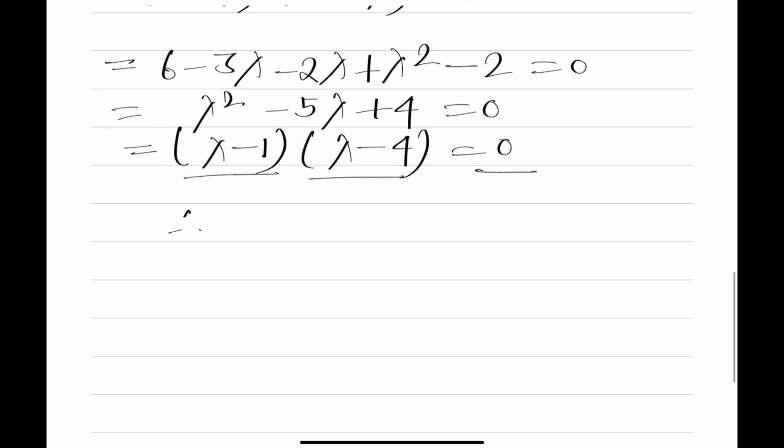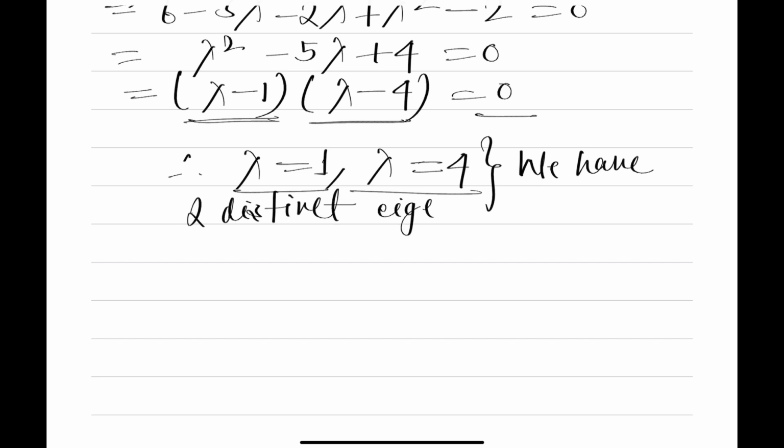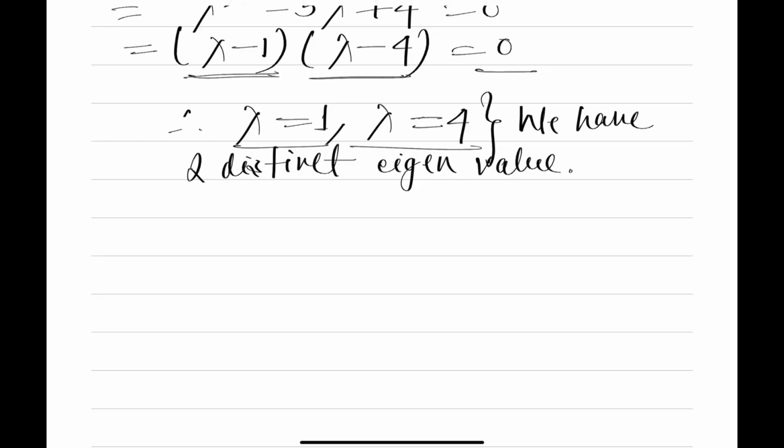So therefore we can write lambda is equal to 1 and lambda is equal to 4. So we have two distinct eigenvalues.